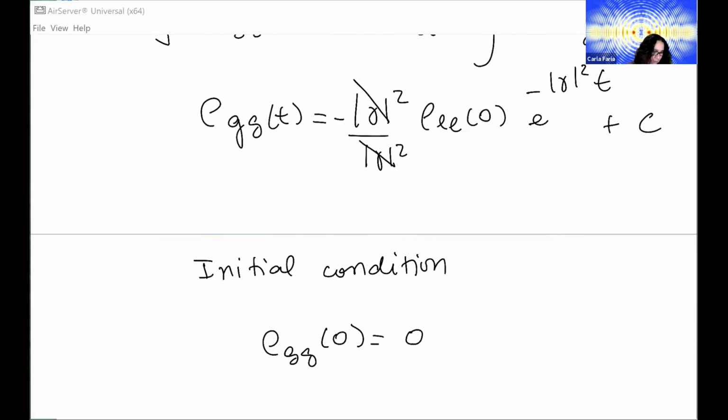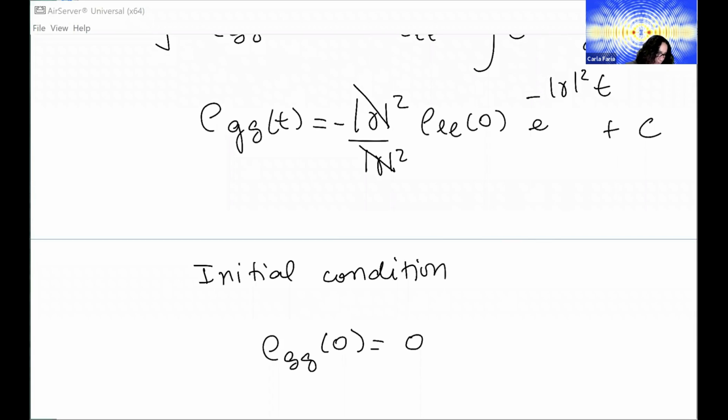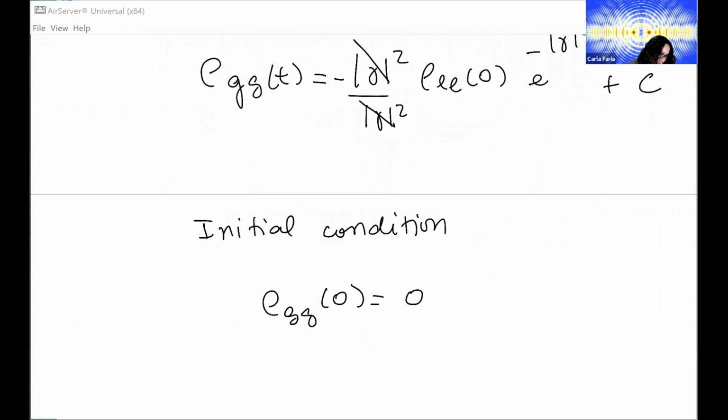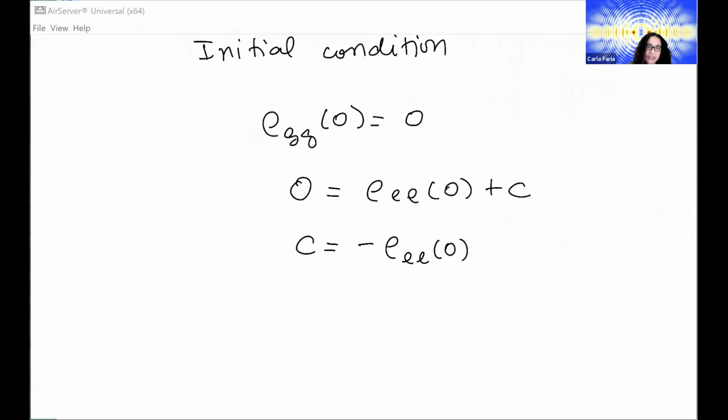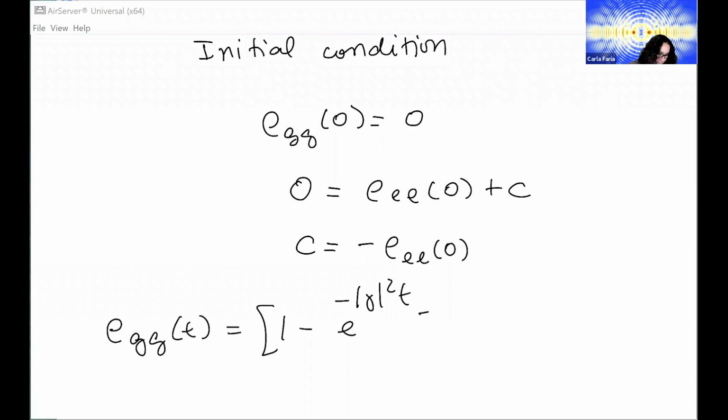So if you set time equals 0, we get that 0 is rho_EE(0) plus C, whereby this arbitrary constant has to be minus rho_EE(0), which then is going to give me that rho_GG(t) is 1 minus e to the minus gamma squared t, times rho_EE(0).